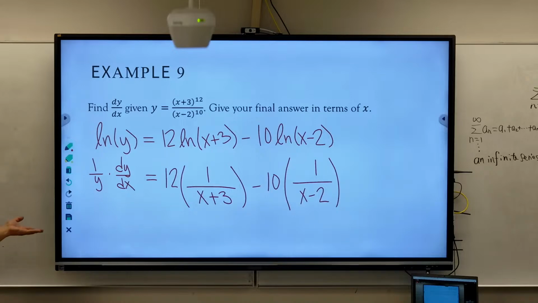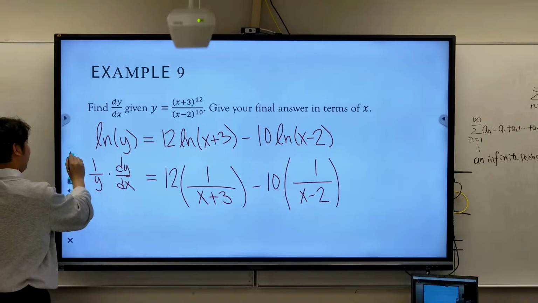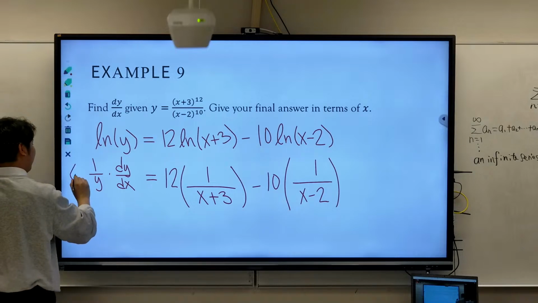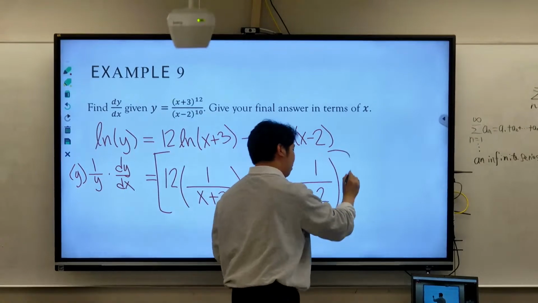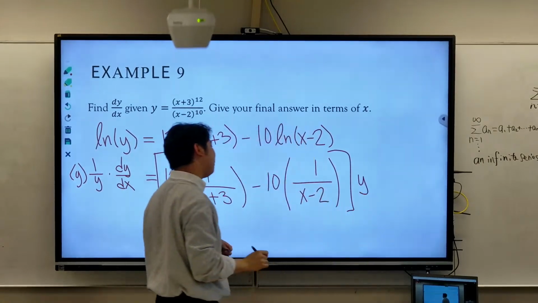I still want dy dx alone. So on the left, I have 1 over y dy dx. I'm going to do the exact same thing as the previous problem. Let's multiply the left and the right by y. So on the left, I have times y, and then the right side, all of this times y.